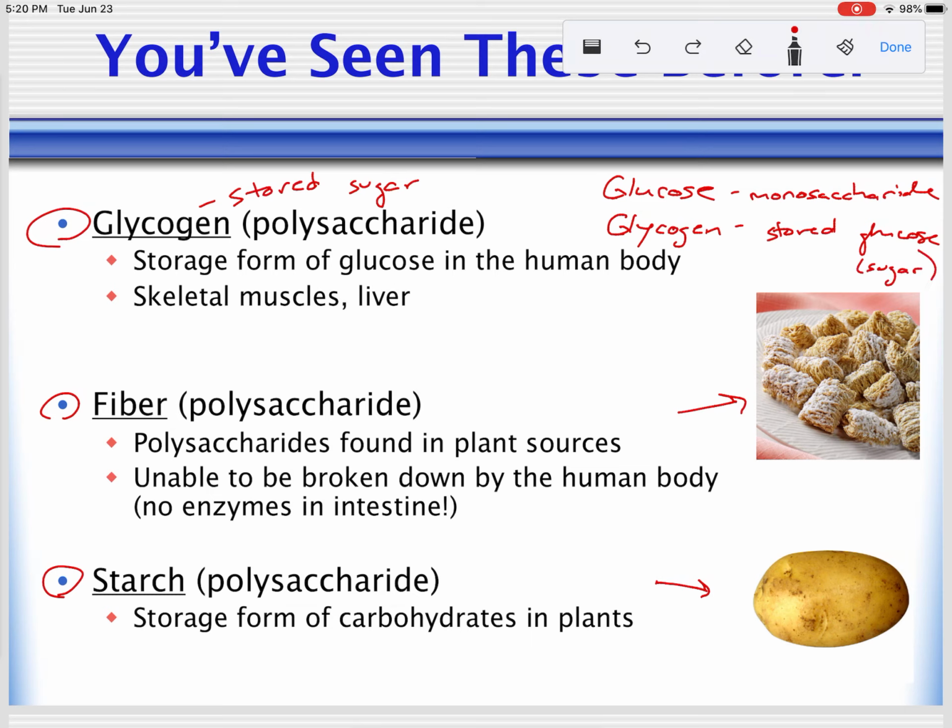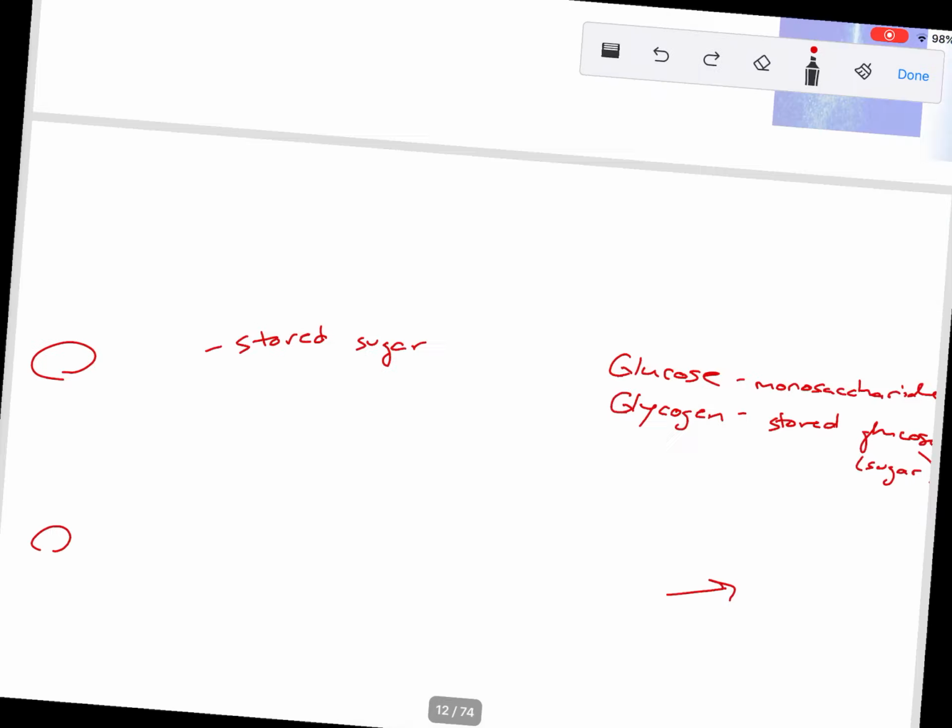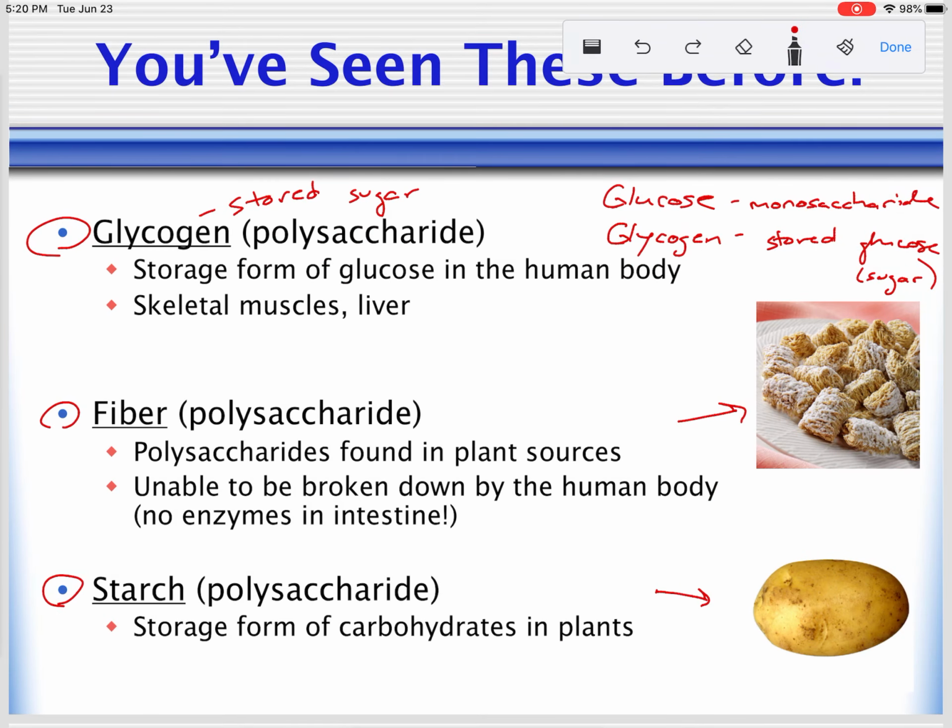We tend to store glycogen, or large clumps of glucose, in the liver and in the skeletal muscles. But it makes sense, because here's what happens. Let's say as an athlete, you have a big pasta dinner.